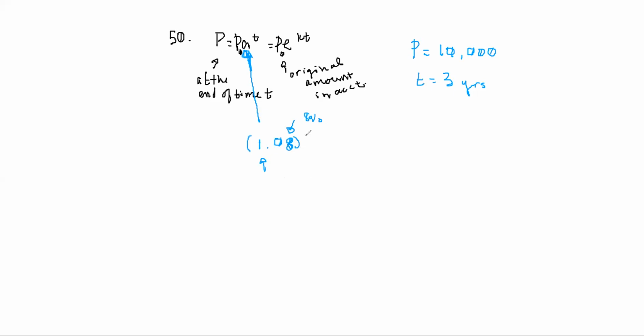So every time t gets bigger, this gets bigger, so my principal amount gets larger, and at the end, my P is larger. If I was losing 8% per year, it would be this, because then it would be getting smaller over time. Does that make sense?